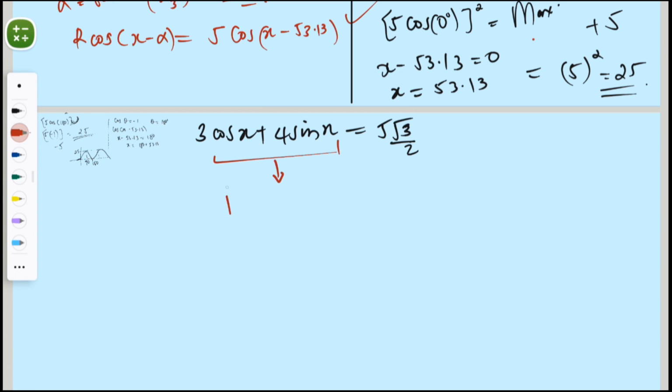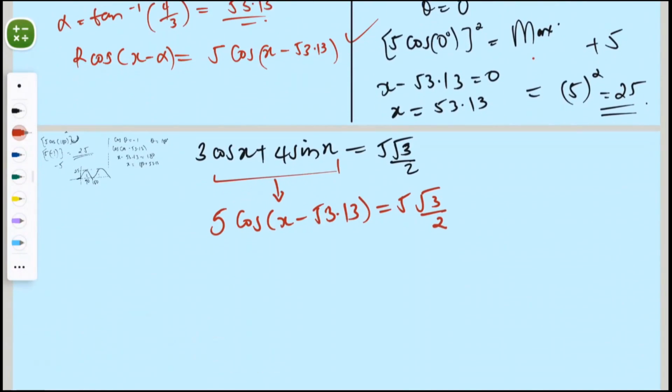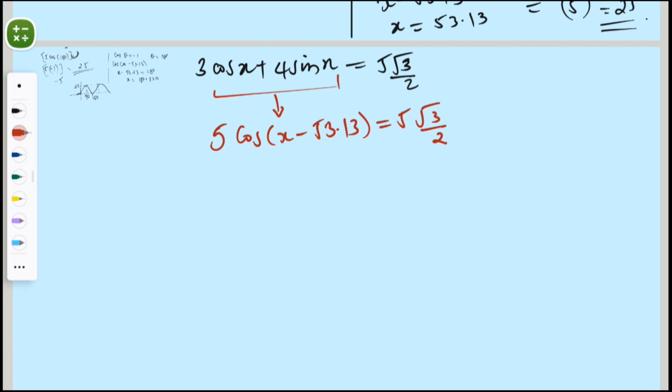This is the same as r cos x minus alpha, which is 5 cos x minus 53.13 equals 5√3/2. They just want us to find to the nearest 10 degrees all the solutions. Okay, all the values of x.